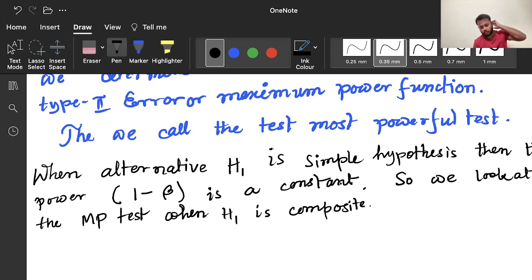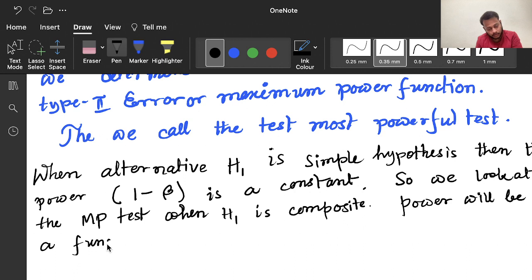Now when H1 is composite, then the power function will be a function of the parameter.